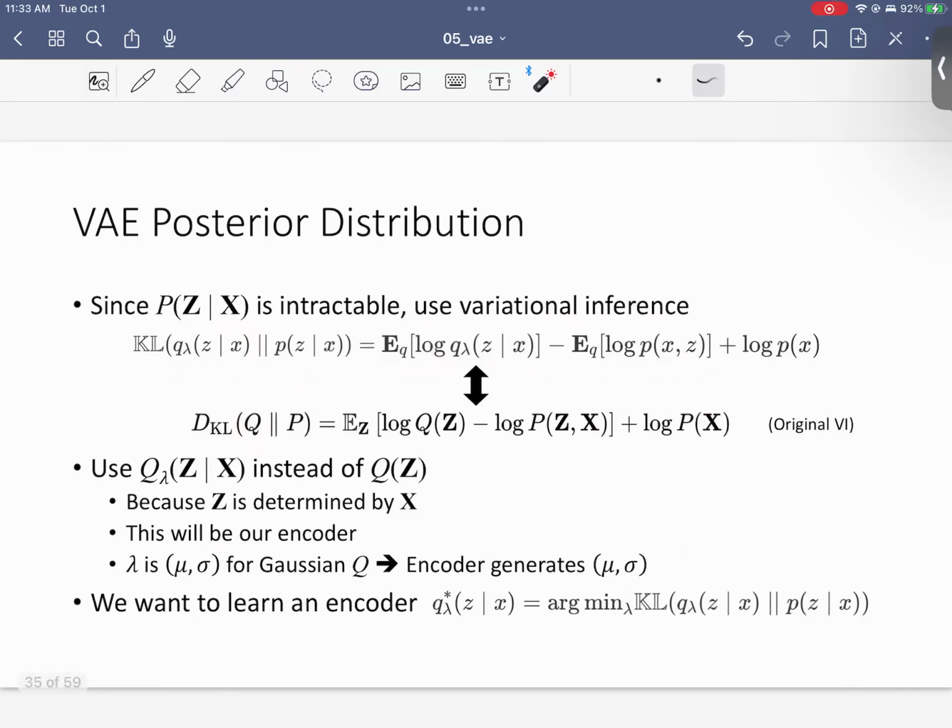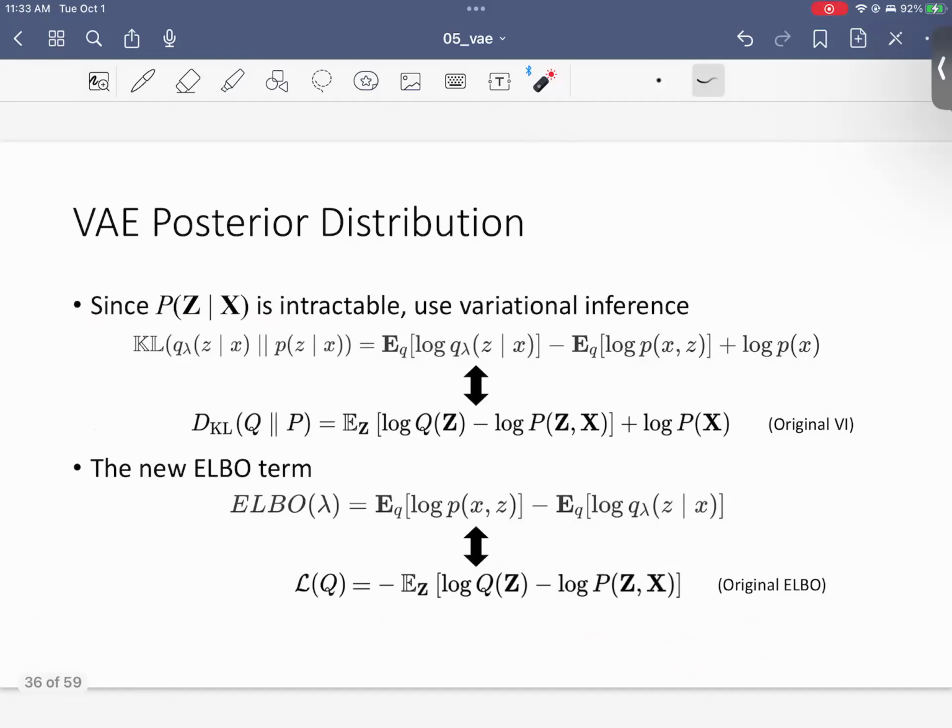So what we want to do is learn an encoder, Q star, which minimizes the D_KL. We want Q to have some values of mu and sigma that minimize our KL divergence. And so we move the terms around. We set this on one side and this on the other side. Originally, we had log P(X) on one side and the other terms on the other side, and the negative of this was the ELBO term, right?